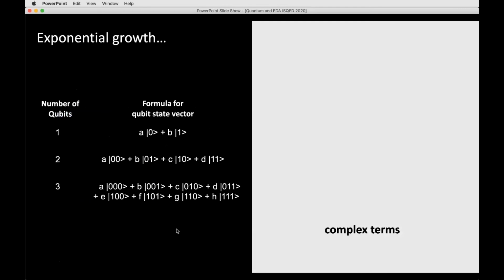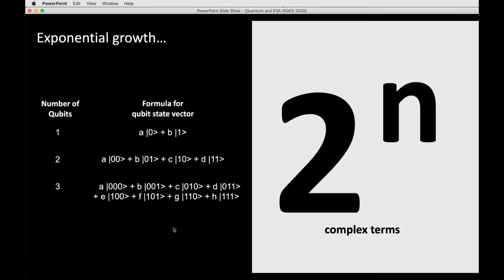So we basically get 2 to the n complex terms if we have n qubits in our machines. The number of states that a quantum computer can represent is phenomenal, and that's where a lot of the power of a quantum computer comes from.